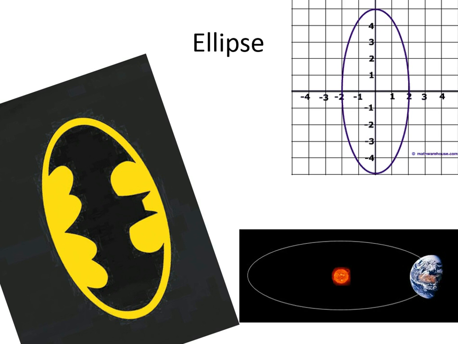Another example is the orbit of the Earth and other planets around the Sun. It's not a perfect circle, and actually not even a perfect ellipse because we have some slight movement here and there. But it's closer to an ellipse than a circle or any other shape. So it's just kind of like a non-perfect circle.